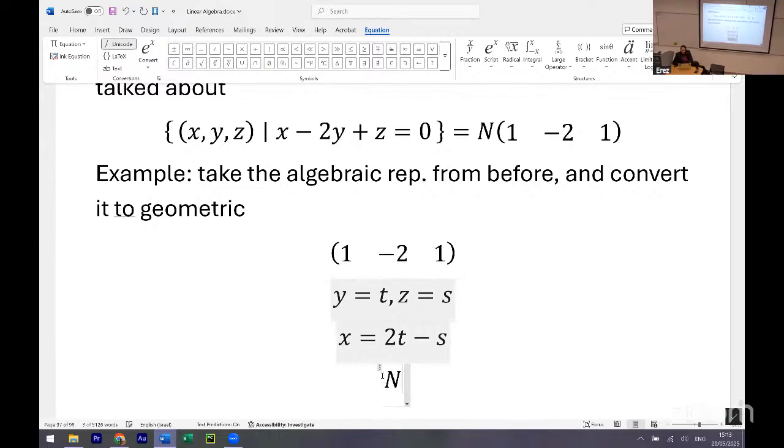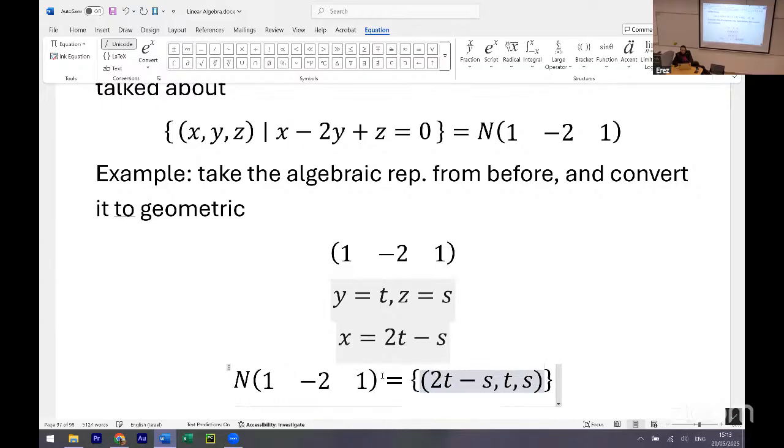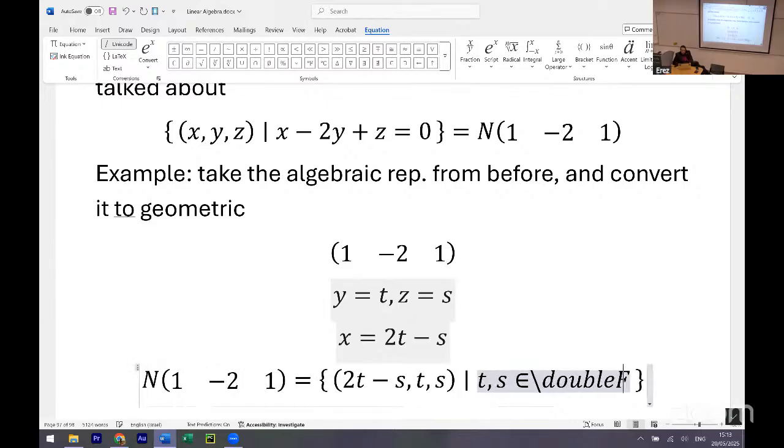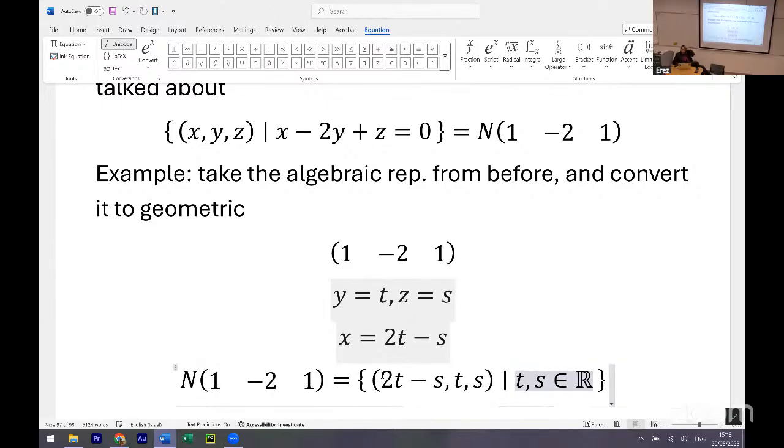So the null space is all of the vectors of the form (2T minus S, T, S), such that T and S are real. Agreed?